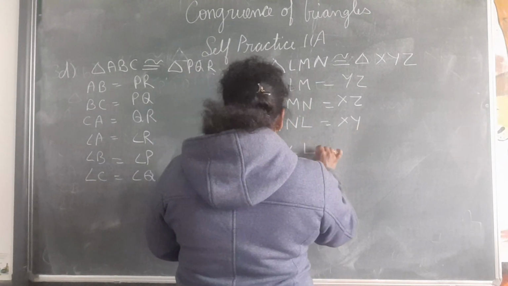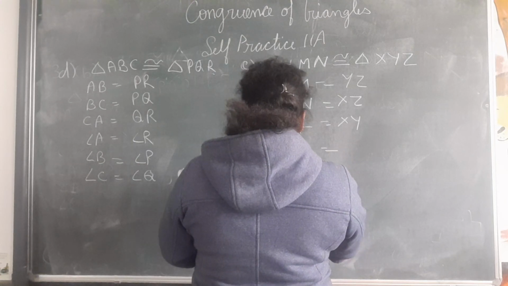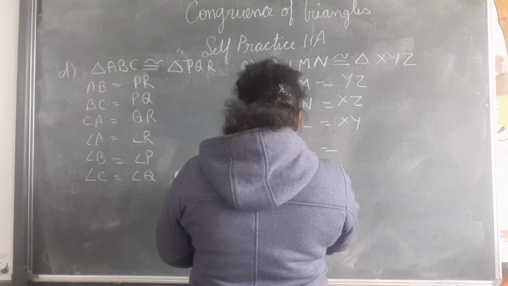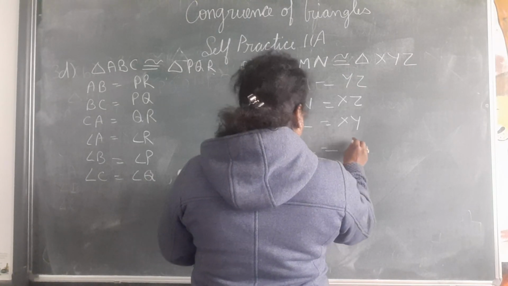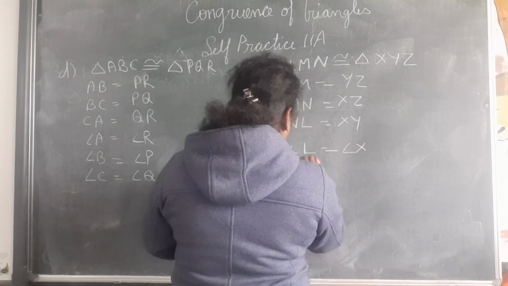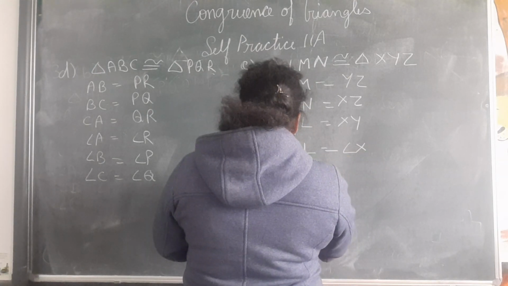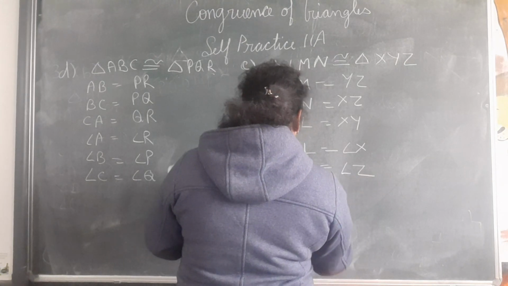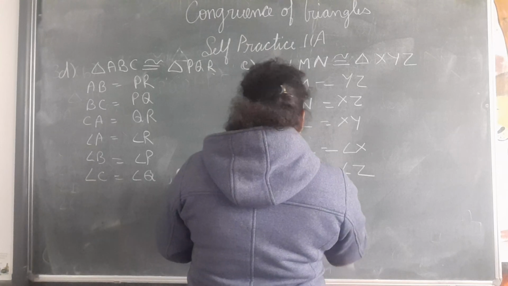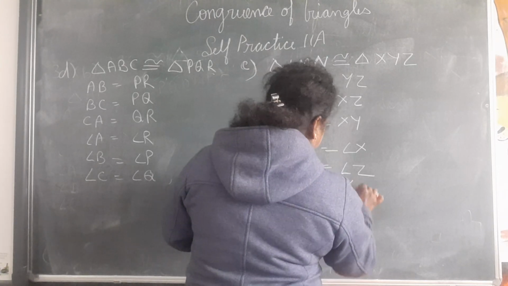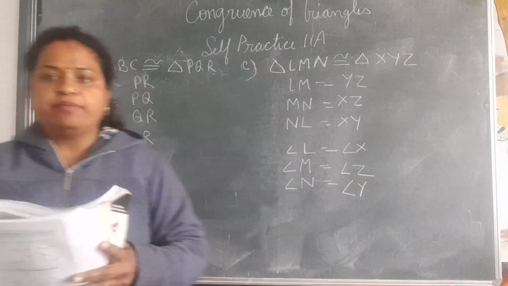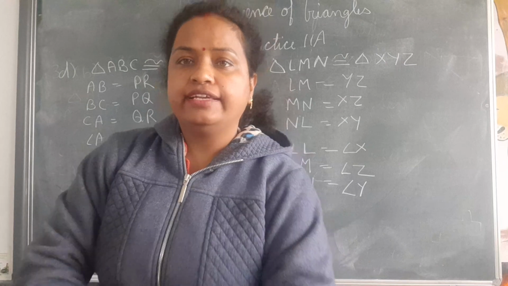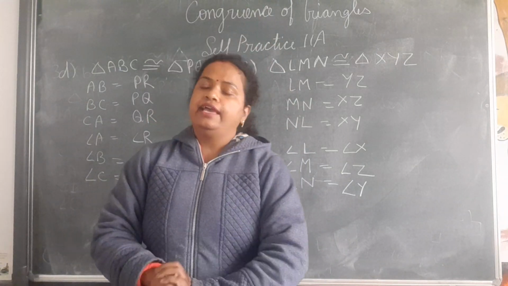Angle L is equal to angle X, and so on, angle N is equal to angle Y. Now by this you can see that they are congruent to each other. Triangle LMN is also congruent to triangle XYZ.